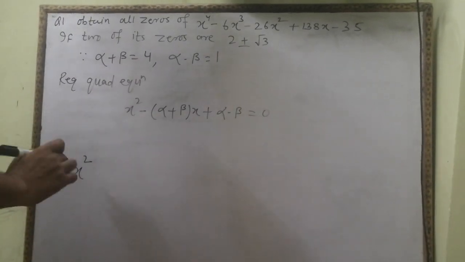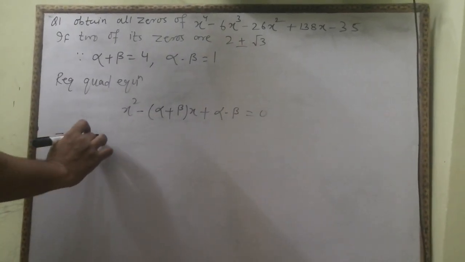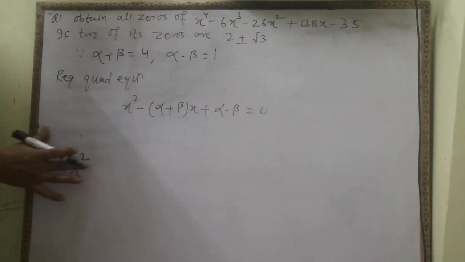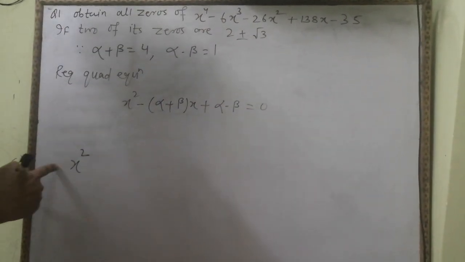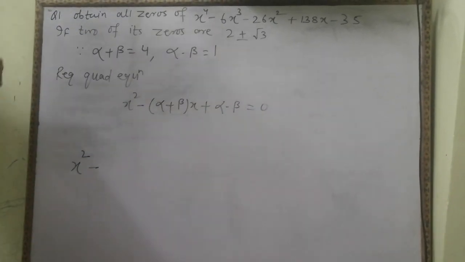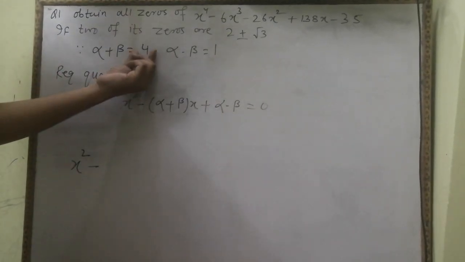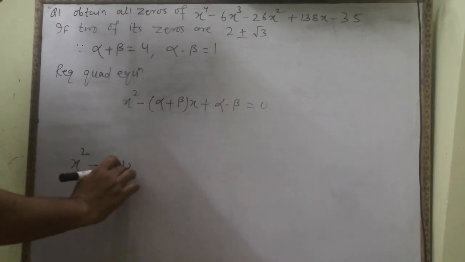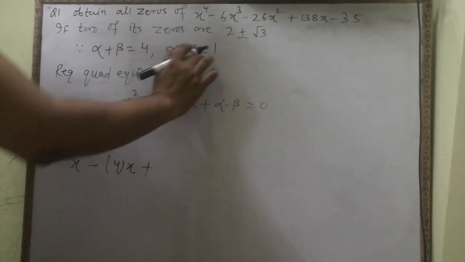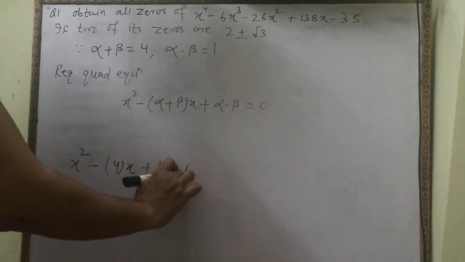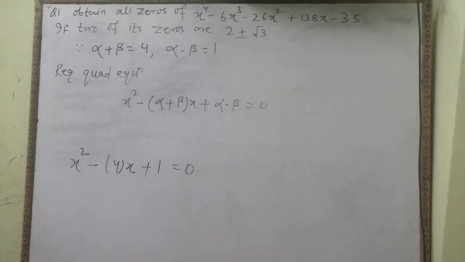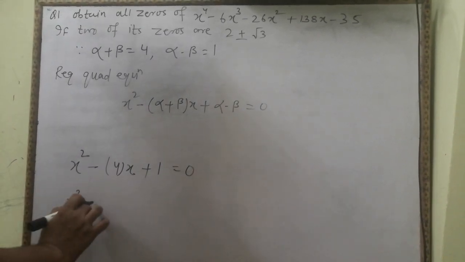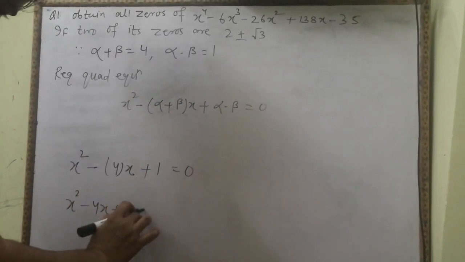Then write minus, it is always minus, plus, minus, plus, alternating. Then the sum term will be with x, and then the product term. Then put it equal to 0. Here you will find x square minus 4x plus 1 is equal to 0.